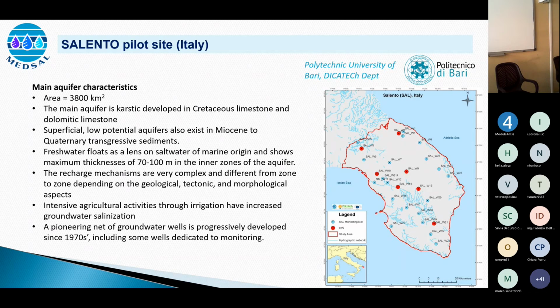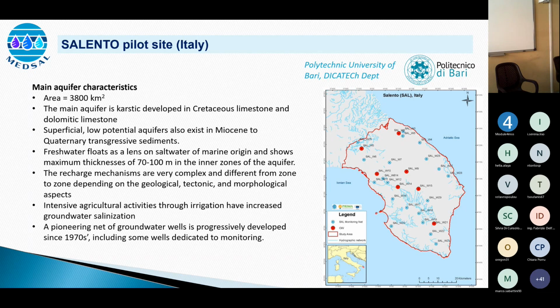Now we have the idea that the faults have an important role in the groundwater recharge and in the groundwater hydrodynamics. So the idea is that Salento is a regional aquifer, but is constituted by many compartments inside. So it's necessary to analyze every part of the aquifer, considering the role played by the faults.